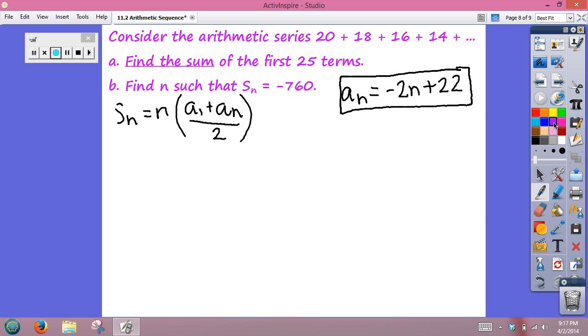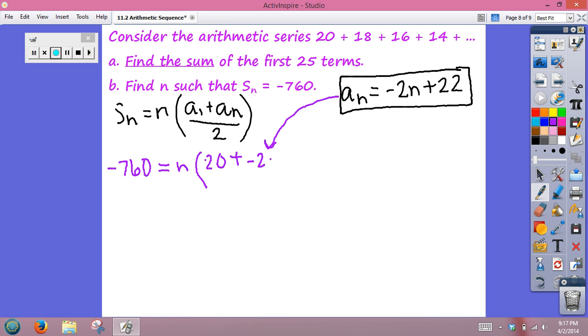We know that S of n equals negative 760. So negative 760 equals n times a1, which is still our first term from the previous slide, 20, plus a_n, which is now just going to be substituting in our formula.